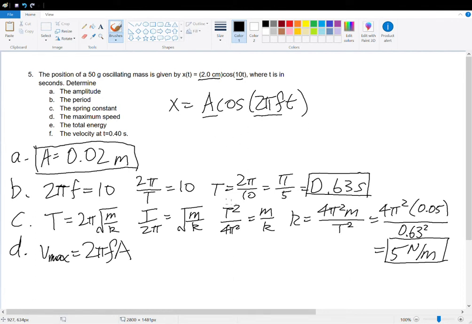We have the period, so we can just do 1 over T. But in this problem, we can cheat a little bit because we know that 2 pi f is equal to 10 from up here in part B. So therefore, we can just plug that in, and we know A is 0.02, and then we can just get 0.2 meters per second.